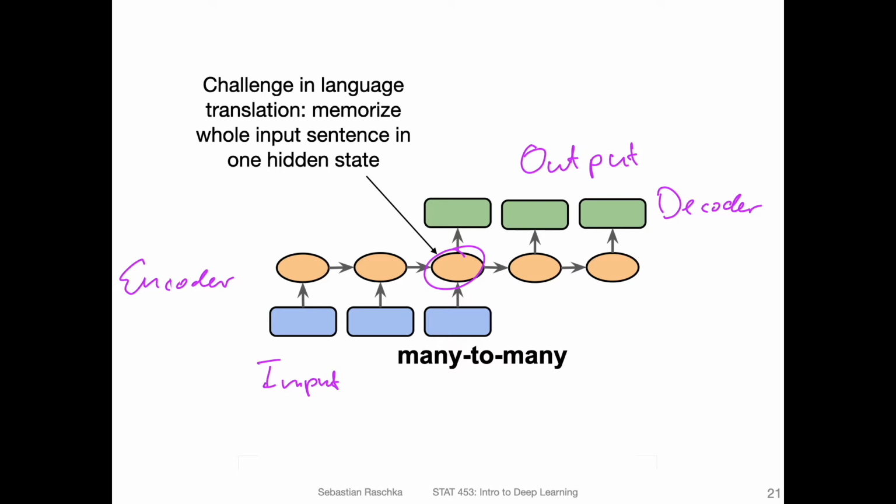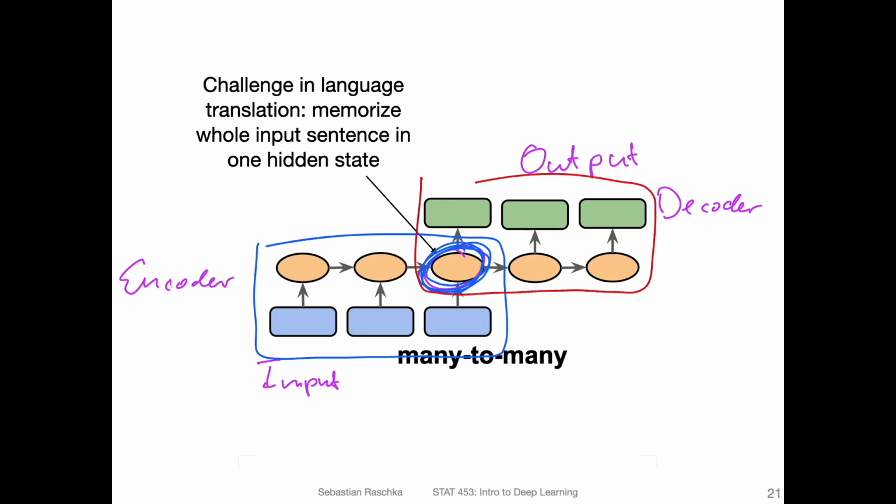However, one challenge is really that the network has to compress all the information into this one hidden state, right? Essentially it's like reading the whole sentence, the complete sentence, and after reading the sentence, it's starting to translate. So how do we make sure that the network even remembers? If it reaches this point, it has to contain all the information of the whole sentence, and this can be actually quite challenging.